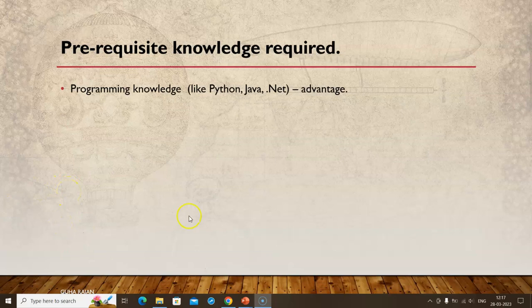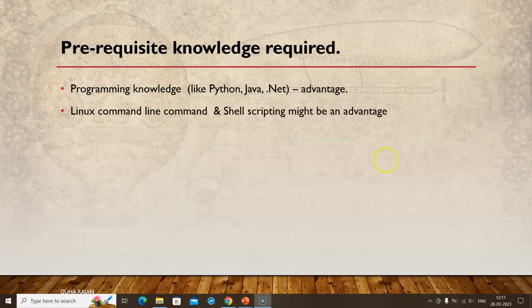The first one is programming knowledge. Programming knowledge is definitely beneficial, like Python, Java, .NET. If you have that knowledge, it's always better. Then comes Linux command line commands and shell scripting, an advantage as well.